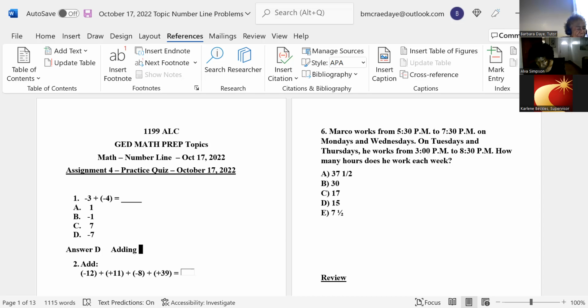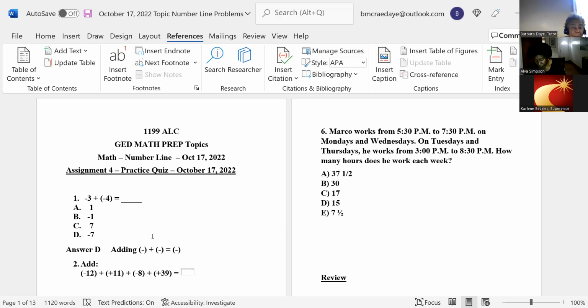Okay, now, so when you're adding, let me just put negative plus negative gives negative. It's like positive plus positive gives positive.